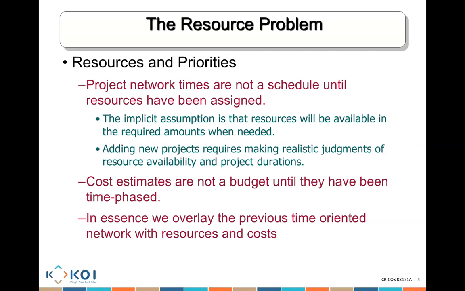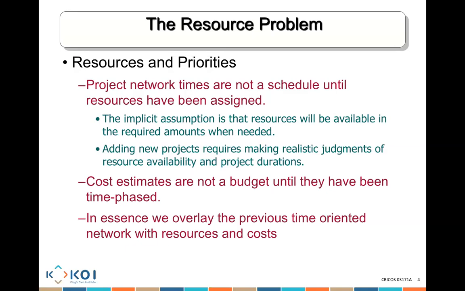You cannot assume that you have as many resources as you need. That is not correct, that is not legitimate, that's not how it works. Adding a new project requires making a judgment: do I actually have enough resources to complete the project within the expected timelines?